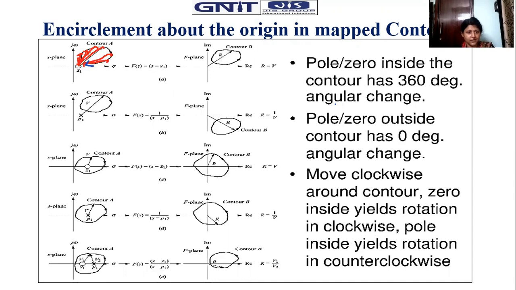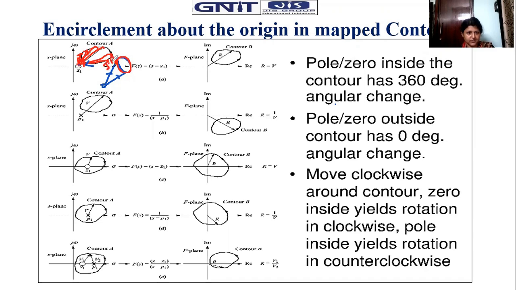Another important concept is enclosure. Enclosed means encirclement. If the point is inside the contour, it is termed enclosed; if it is outside, it is not enclosed.